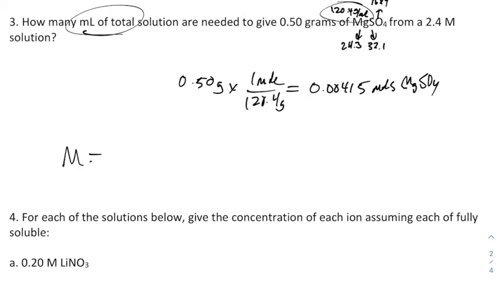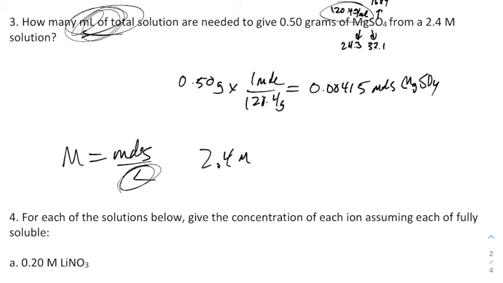My molarity is equal to the moles per liter, right? And I want milliliters, so really I want liters. So my molarity is 2.4 molar. My moles comes from up here, 0.00415 moles, and that's over X liters.